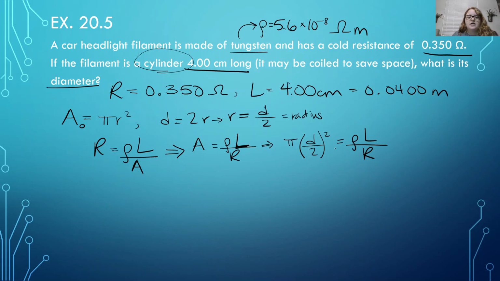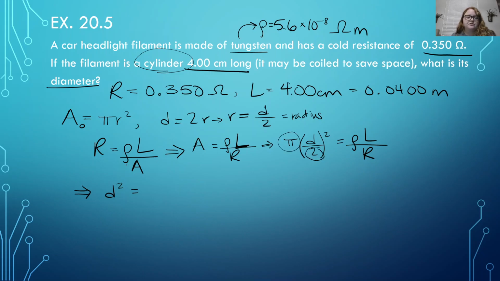All right, we can keep going. Again, if you feel more comfortable starting to plug in your numbers here, feel free to do so. I prefer to wait until the end to plug stuff in. So we will have D squared is equal to, and I'm going to pull over my constants, this pi and this 2.